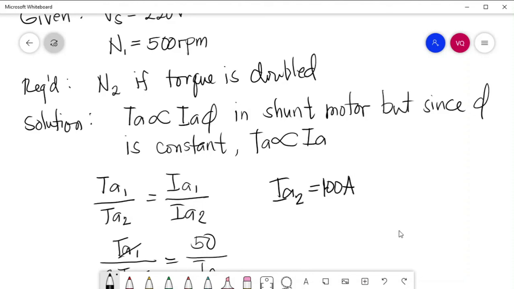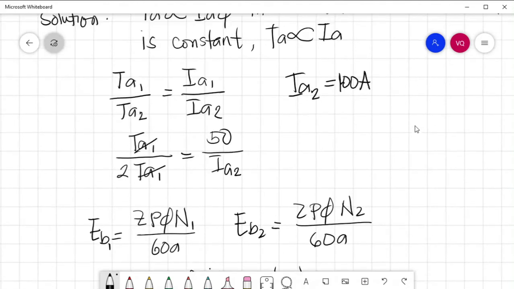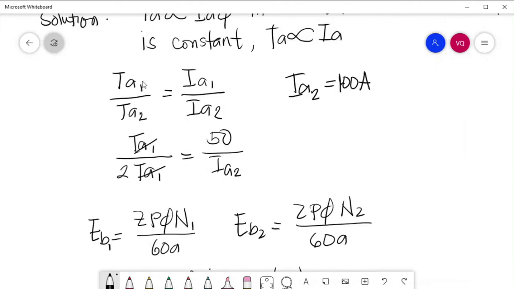Therefore, we will equate Ta1 at condition 1 divided by Ta2 equal to armature current at condition 1 divided by armature current at condition 2, since they are proportional.